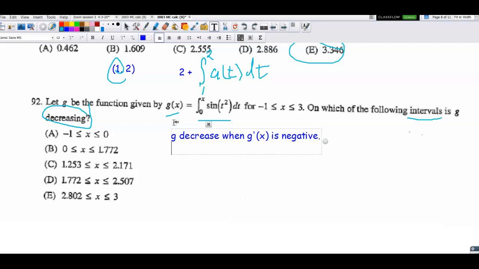We have a function g given as a definite integral, so we need the derivative, so that's FTC part 2. We take out the t, put in the new function, and multiply by the derivative of the new function, making g prime of x equal to sine of x squared.